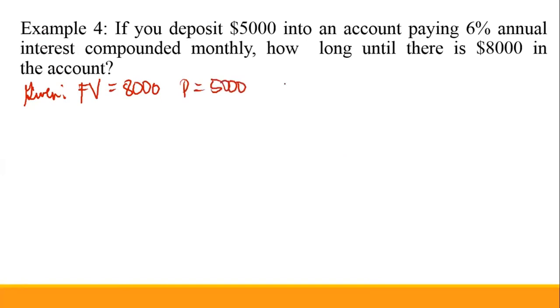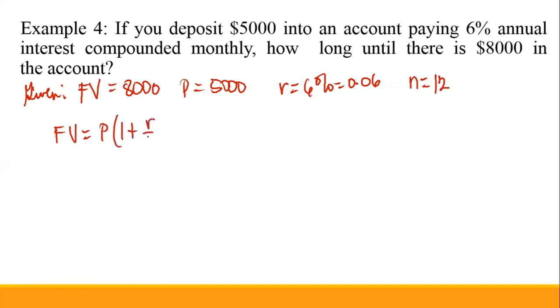We have the annual interest rate of 6% or 0.06. And we have the number of times compounded per year, which is, since it is monthly, 12 times. Okay, so from our formula, V is equal to P times 1 plus r over n, raised to nt.